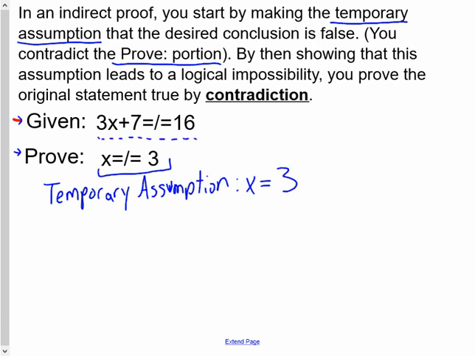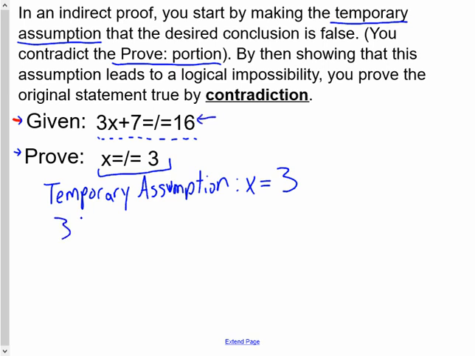If the given and proof are true and we temporarily assume that the proof is false, we'll run into something that's an impossibility, therefore a contradiction. So in this case, x equals 3 was our temporary assumption. Now we're going to try to build 3x plus 7.